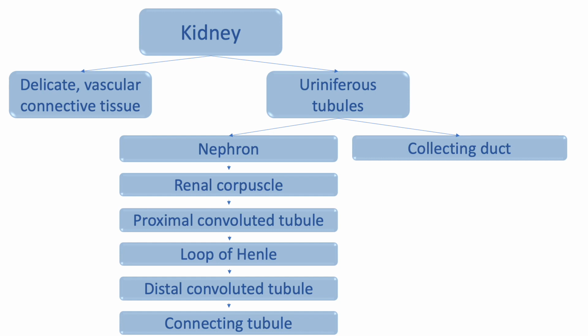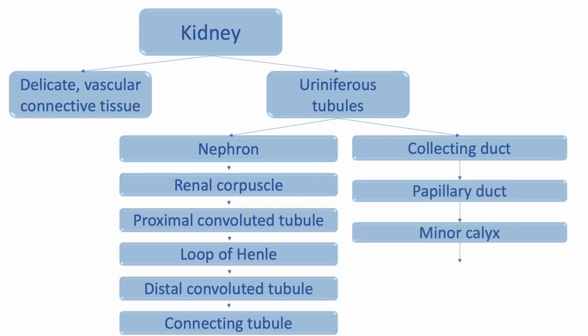The collecting duct helps in concentrating the urine under the influence of antidiuretic hormone, and this concentrated urine is successively collected and passed through papillary duct, minor calyx, major calyx, finally to drain into the renal pelvis.